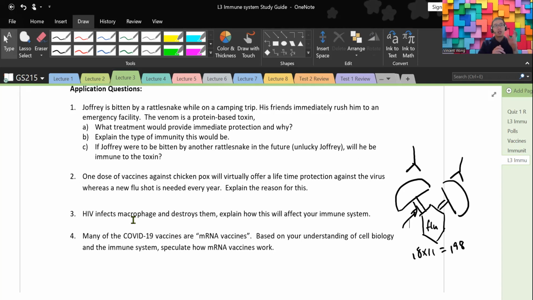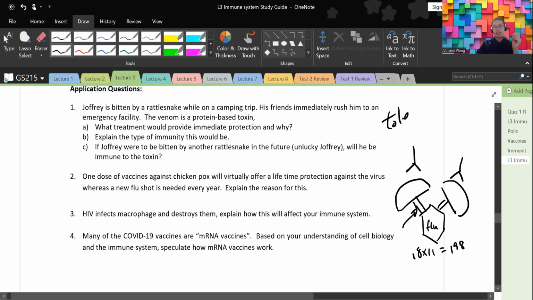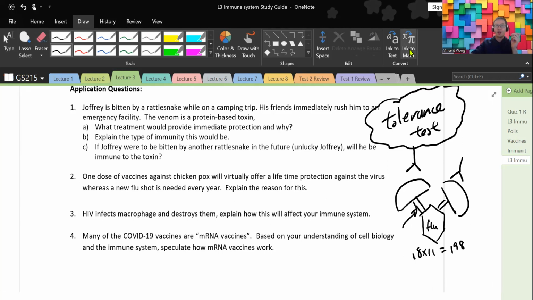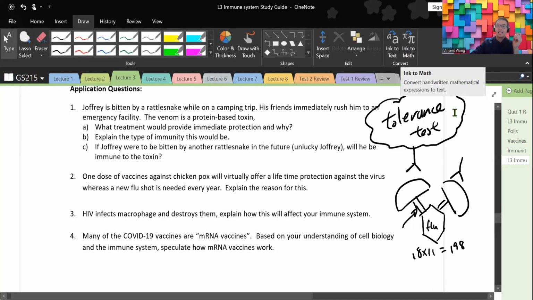In the lecture notes, there is something called the tolerance test. I don't know if you get that far in the recordings. I do realize it's a lot of things to watch, but the tolerance test is the test that the T cells need to take before graduating.